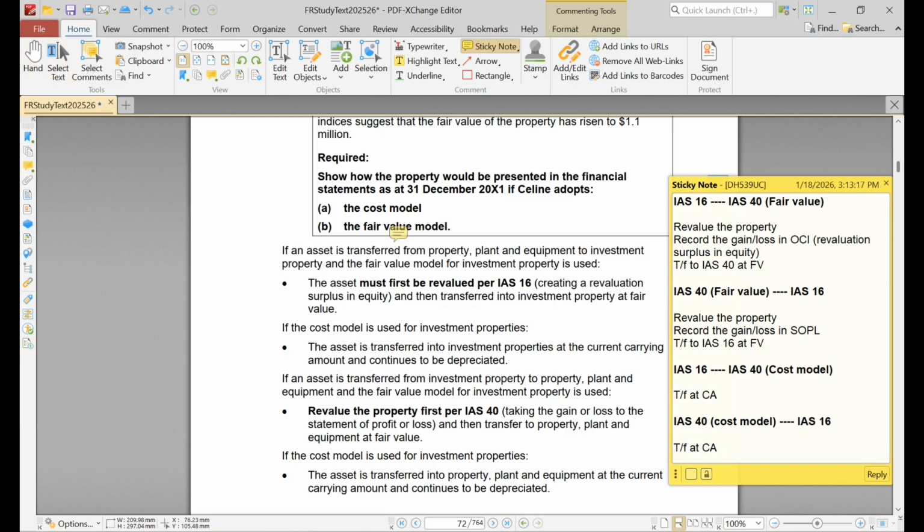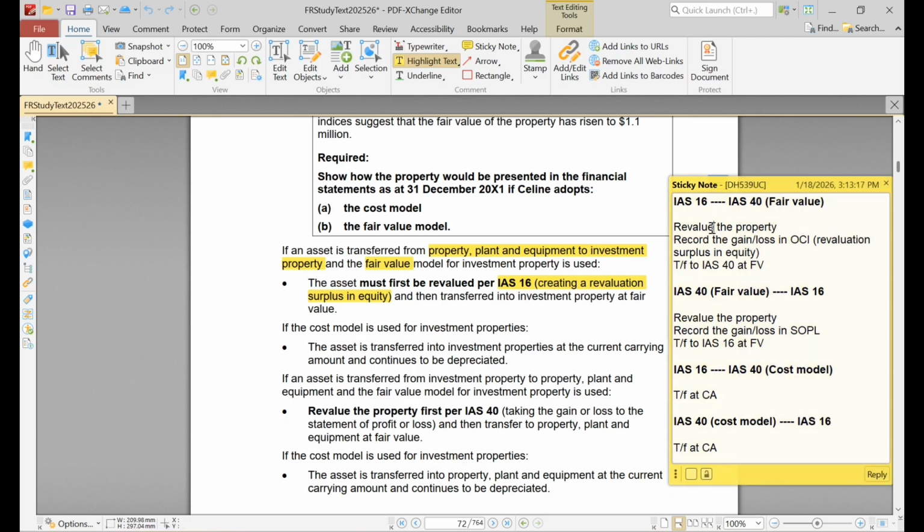Now let's just quickly read through it as well. If an asset is transferred from PPE to investment property and the fair value model is used for investment property, they are talking about this case. From IAS 16 to IAS 40, fair value model is used. The asset must first be revalued as per IAS 16, creating a revaluation surplus in equity, and then transferred into investment property at fair value.